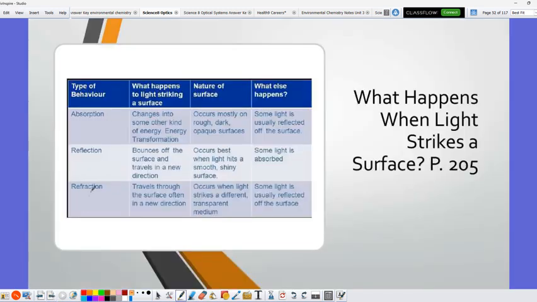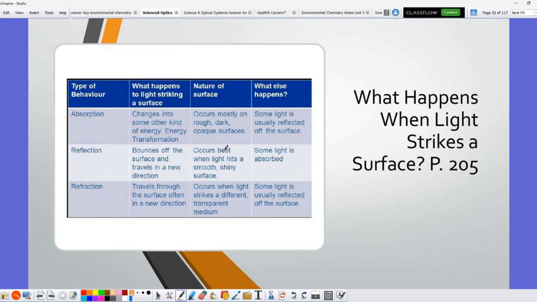And so we have absorption, reflection, and refraction. What happens to light when it strikes a surface? When it's being absorbed, it changes to some kind of energy, usually heat. Occurs mostly on rough, dark, opaque surfaces. And some light is usually reflected as well off the surface. In reflection, it's bouncing off the surface and traveling in a new direction.